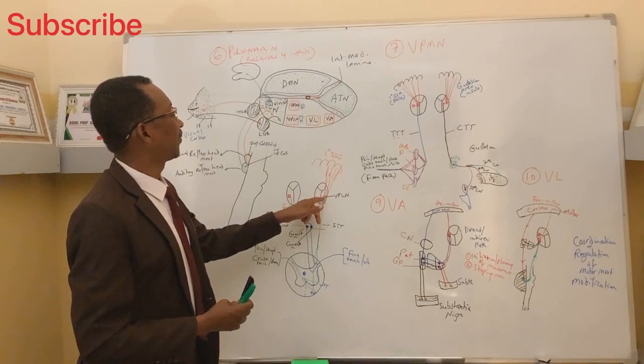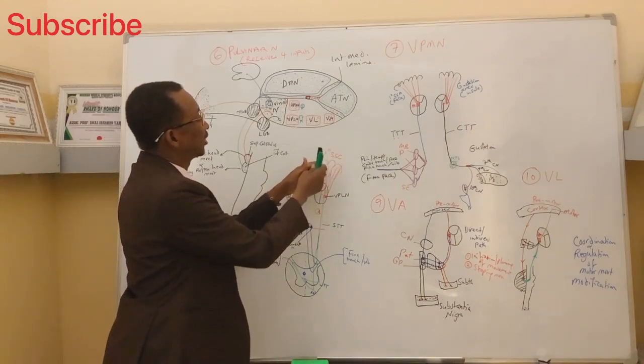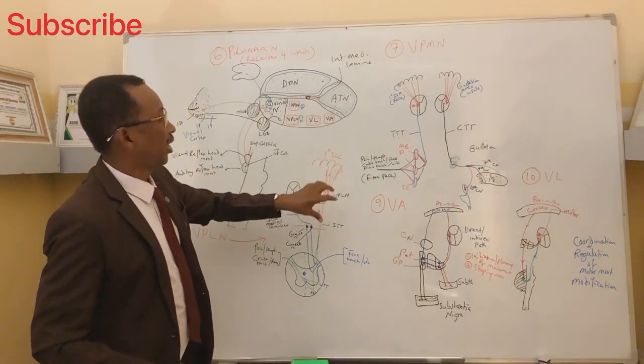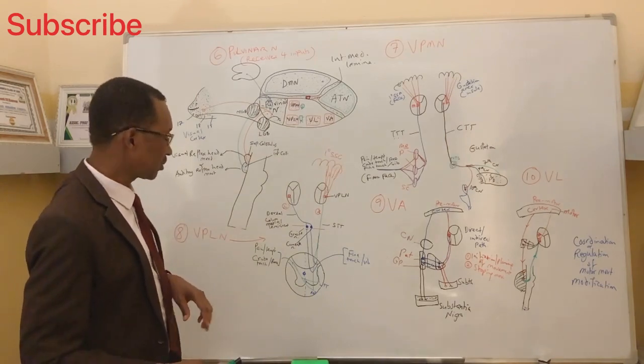And from there, this information with regard to the sensation is carried into the primary somatosensory cortex or area, for processing of that information.